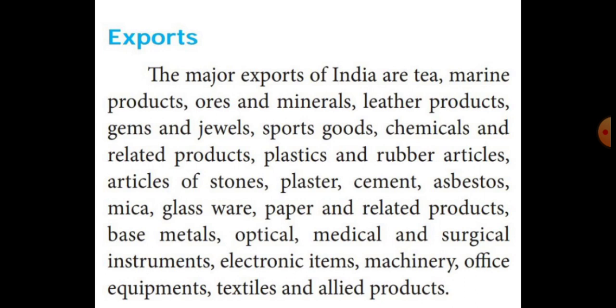What are the important things we are exporting from our country to other countries? Tea, marine products, ore, minerals, leather products, gems and jewels, sports goods, chemical items, plastic, rubber articles, stones, plaster, cement, mica, glassware, paper, and other related products.